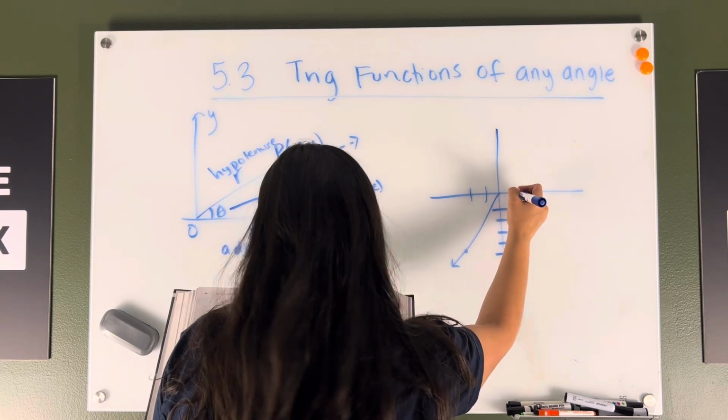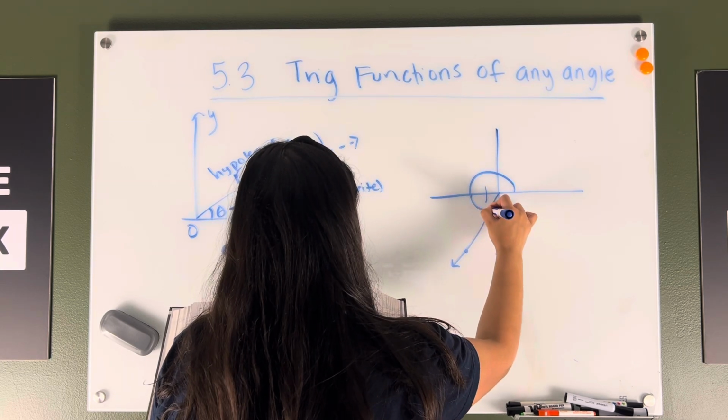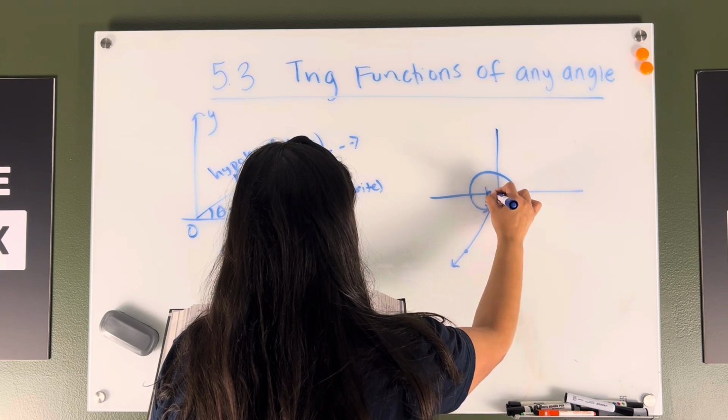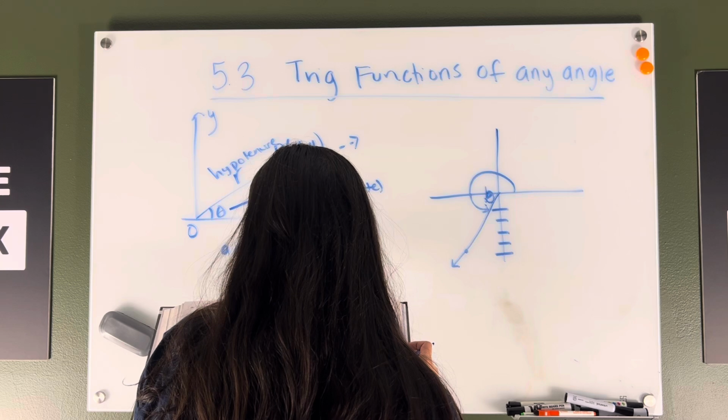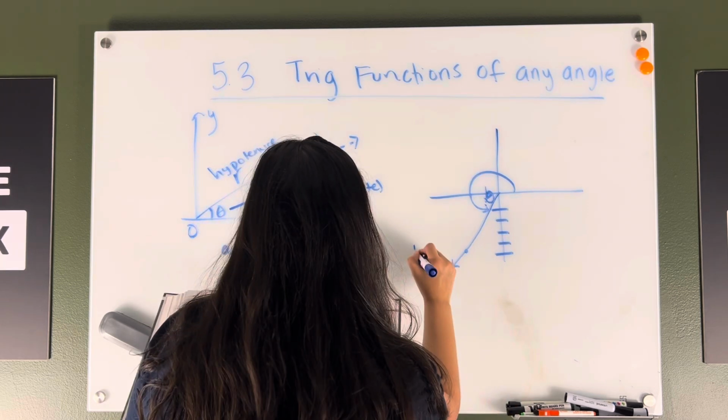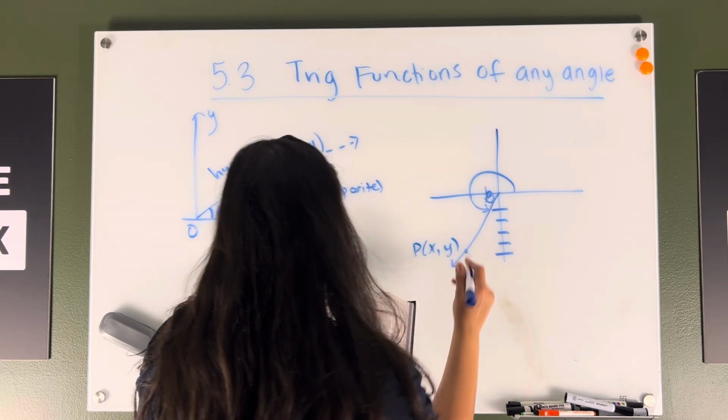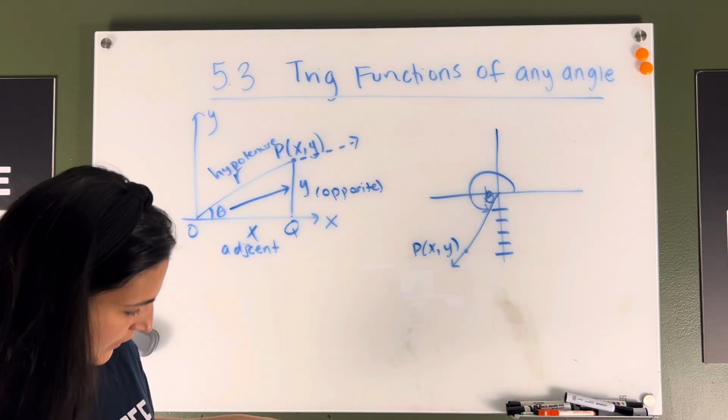Okay, so then theta is going to be all of this distance, right? Go around. Okay, let's make sure we label this point (x, y).